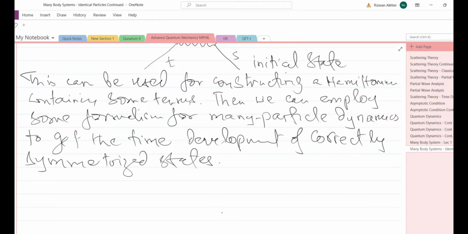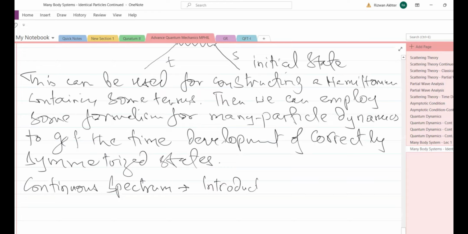But in passing, we would basically be introducing the field theory. So let's start with the continuous spectrum. And in fact, this topic would lead to the introduction to field theory.